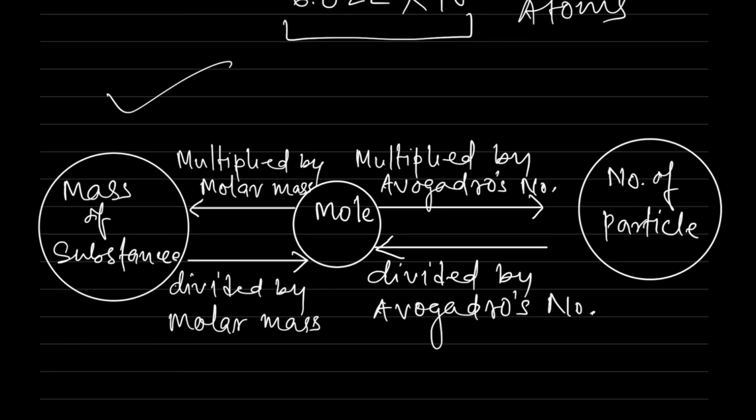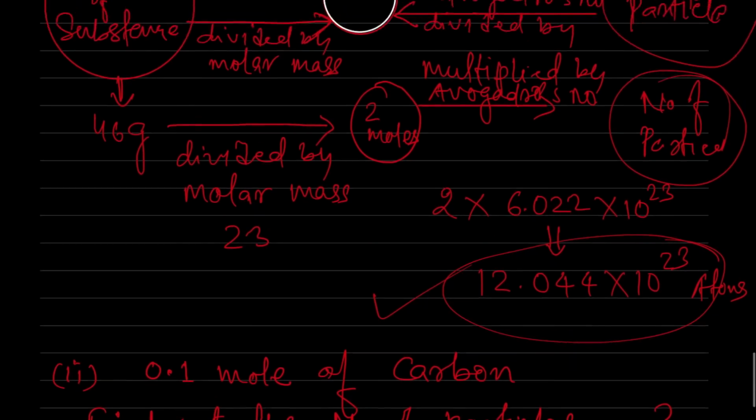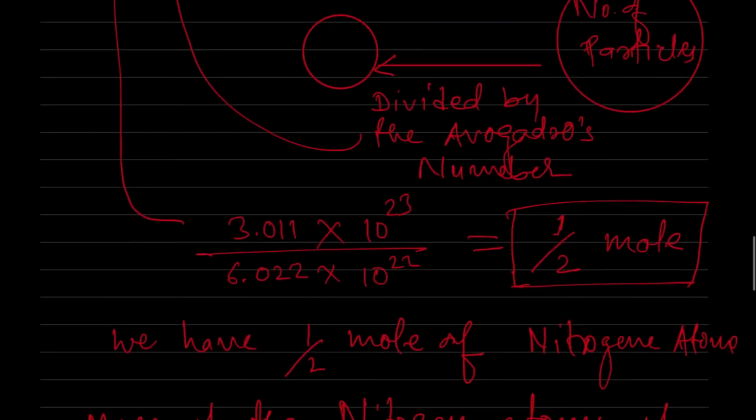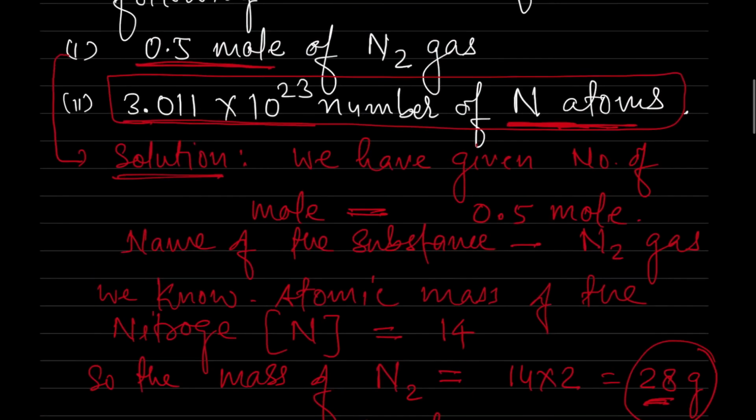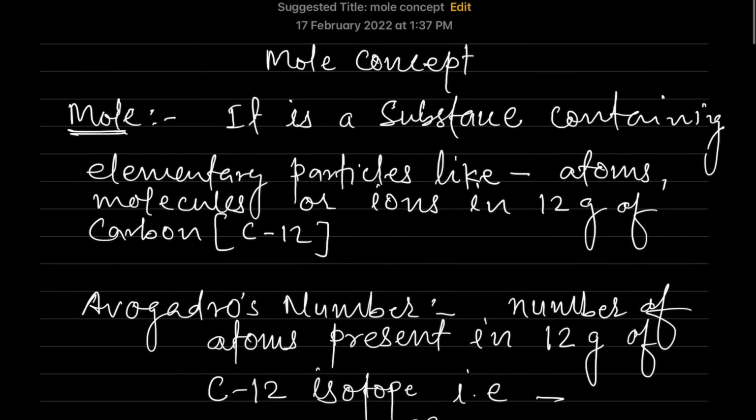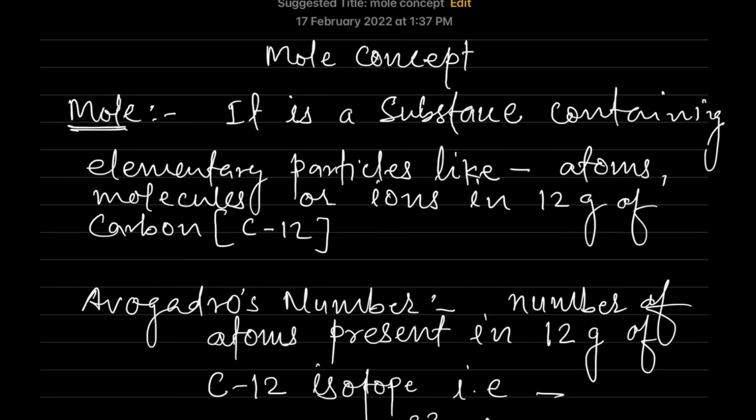So for any problem related to the mole concept, keep this relationship in your mind. You have to know the conversion of these three values. Okay, so with this help, the mole concept is very easy.